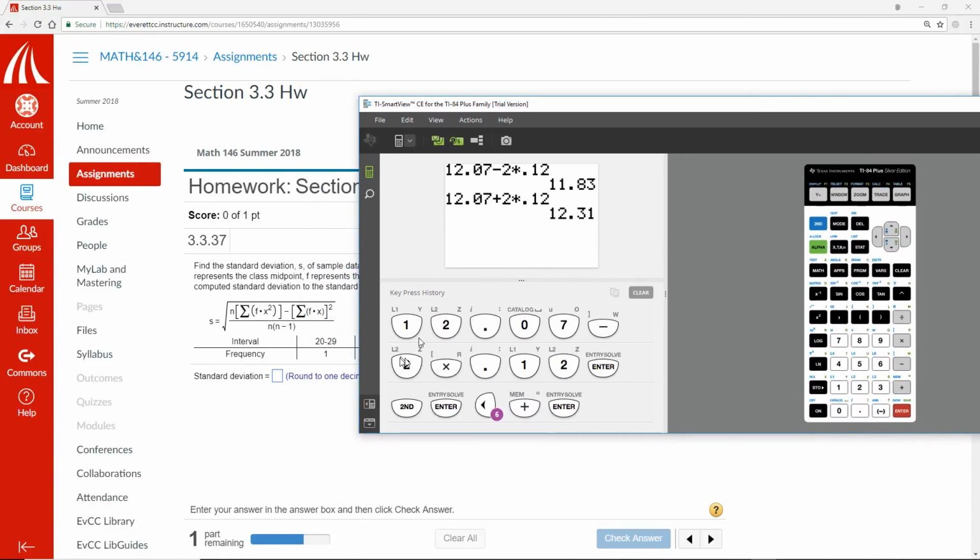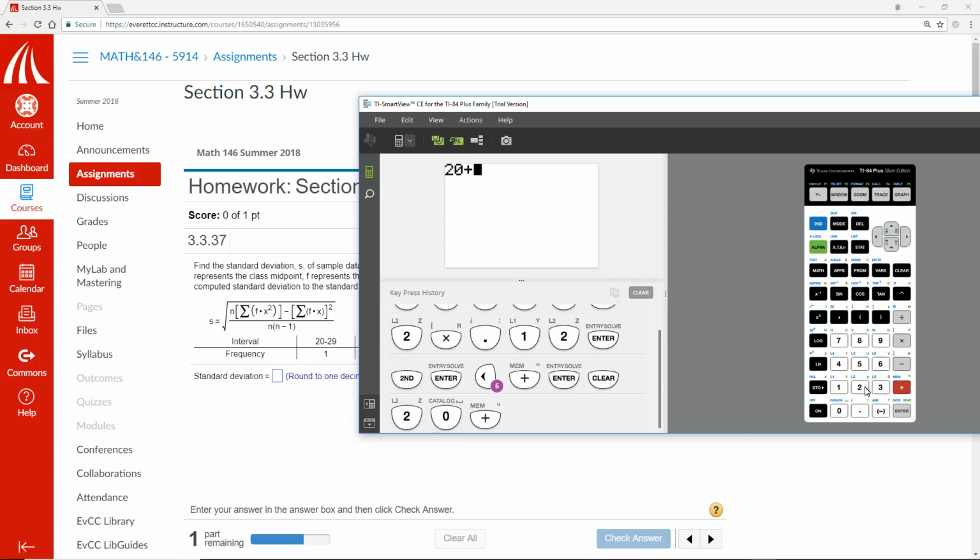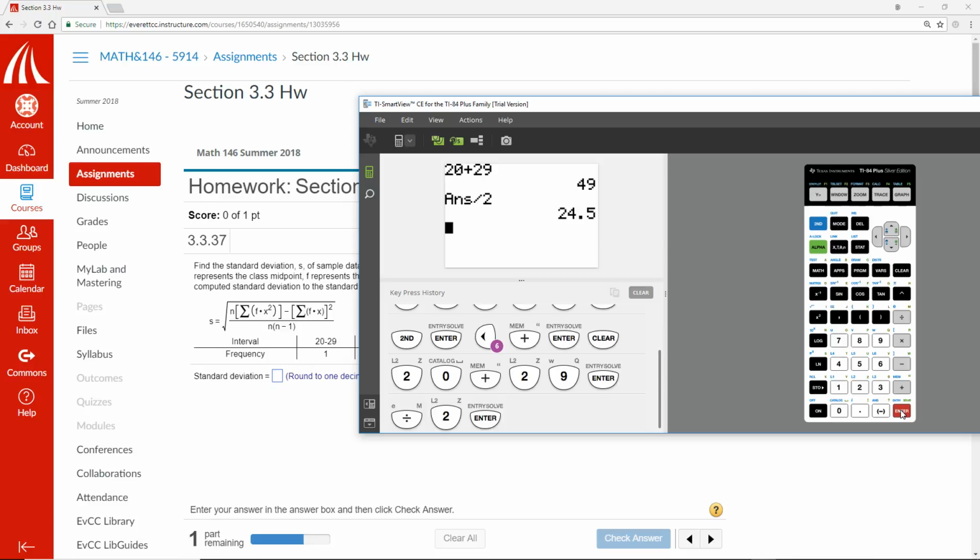First I'll calculate the midpoint of 20 to 29, which is simply the average of 20 and 29, and if you divide that sum by 2, you're getting 24.5.